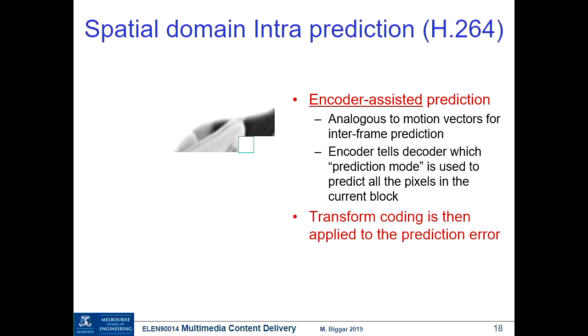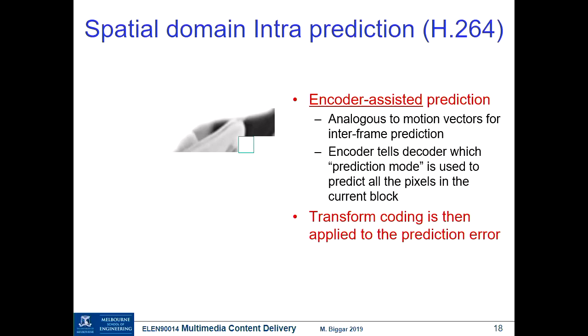So we get up to that particular block. Now, in terms of intra prediction of that block from neighbouring blocks, all that we've discussed so far is just predicting the average intensity, the DC coefficient. But maybe we could do something about predicting the structure of that block using some encoder assistance.